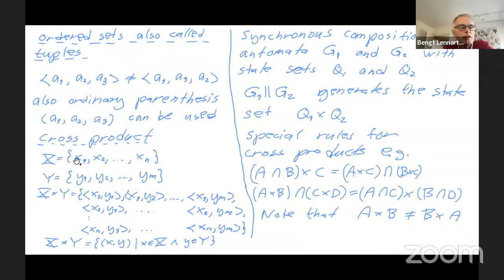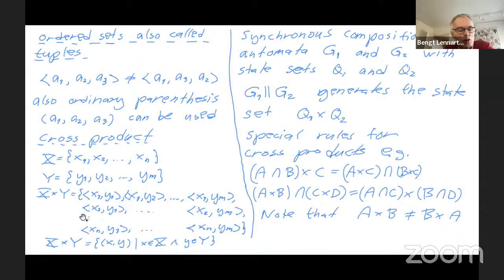So if you have a set X and a set Y, X cross Y includes X1 combined with all the Y elements Y1 to Ym, and X2 with all Y elements until Xn with all Y elements.